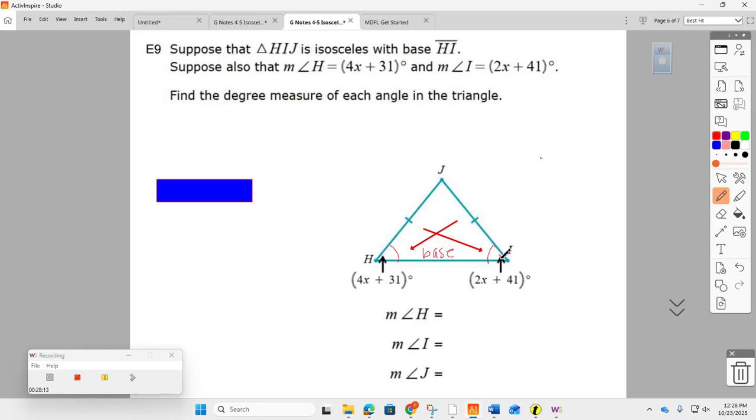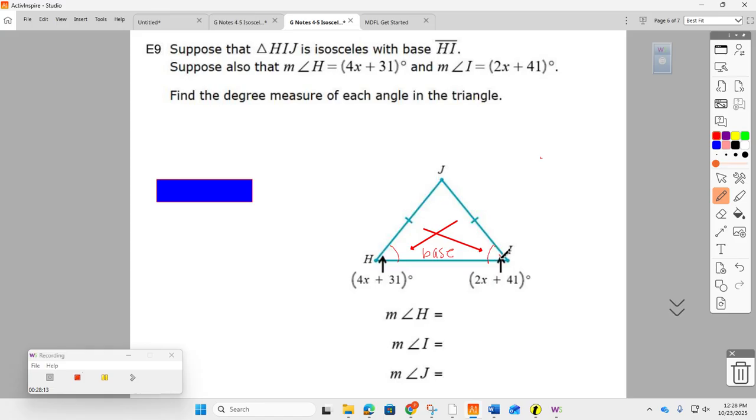And we know that those are congruent, hint, hint. So we should be able to write an equation. When we use congruent, we want to use an equal sign, right? So what would our equation be to solve for x? If we know what x is, we can plug into 4x plus 31 and find the measure of angle H. We can plug into 2x plus 41 and find the measure of I. Once we have those two angles, we can find the third one, right?